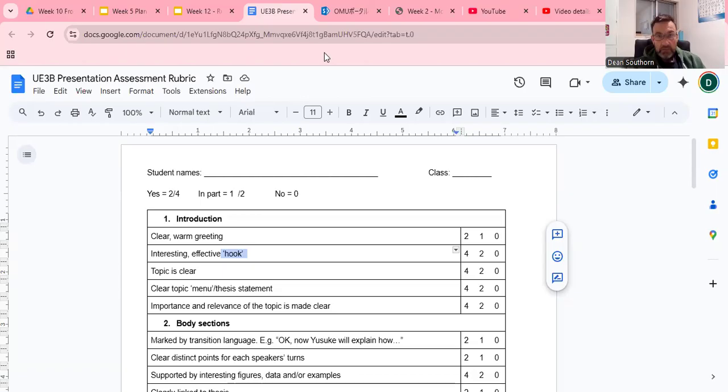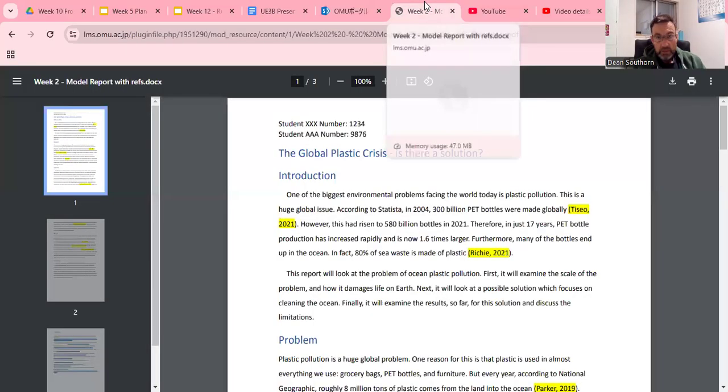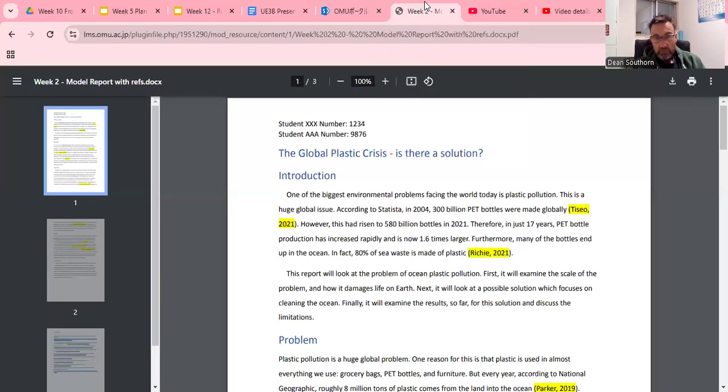So my question for this topic, for example, could be, when was the last time you bought a plastic bottle? How many times in a week do you think you buy plastic bottles? How many times in your lifetime do you think you have bought plastic bottles?